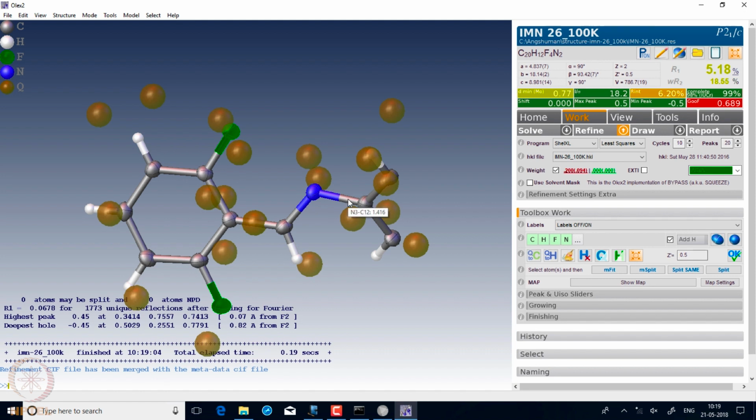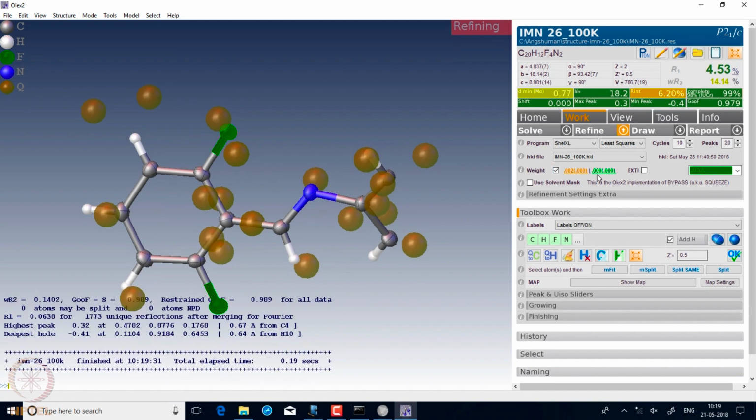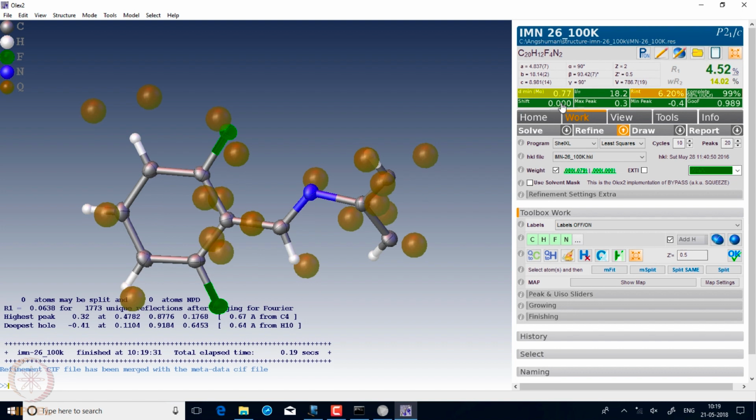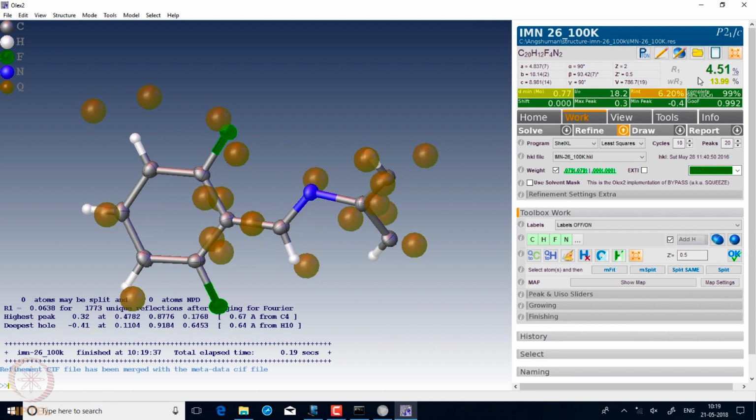This means we have removed some of those observed reflections which are not accurately measured, and that is why they are not fitting well with the solved structure, so we can remove them from the refinement cycles. We do a few more cycles of refinement so that the weighting scheme parameters and the shift become green. Now you see that by simple removal of a few reflections, the R factor has reduced to 4.5% and WR2 has fallen to about 13%.